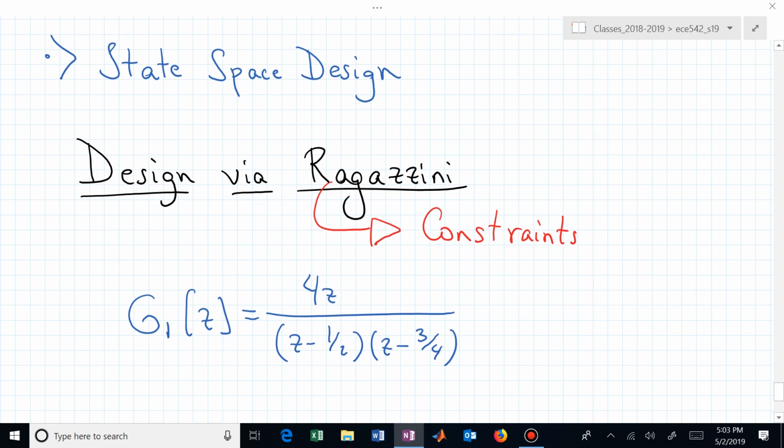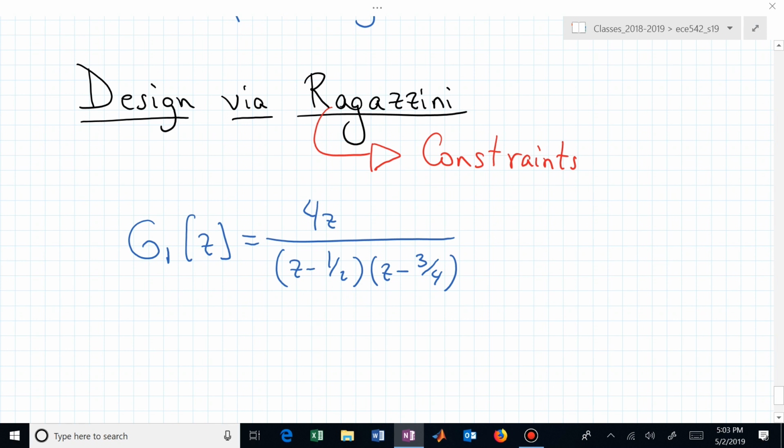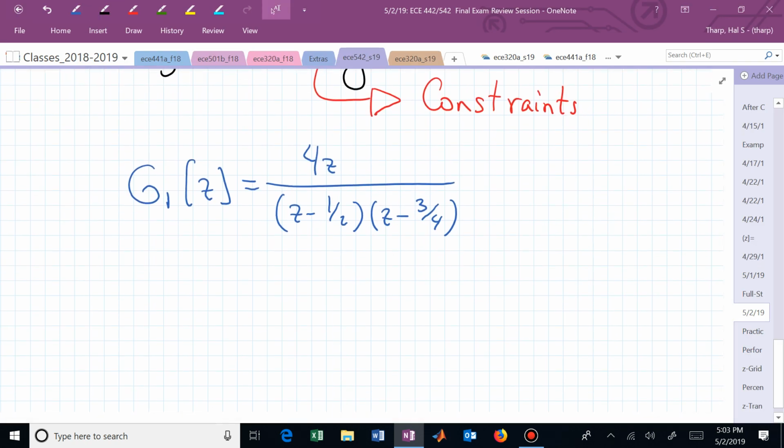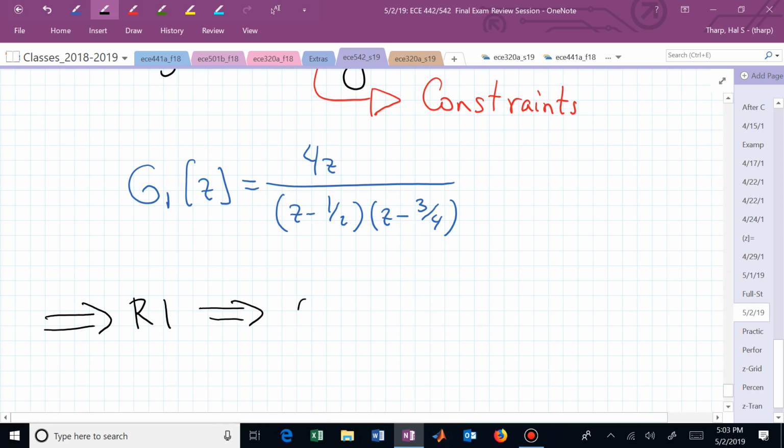With Ragazzini, we have constraints. What constraints are at play for this particular system, for G sub 1? In this case, we have R1, don't we? Restriction 1. Do we need to worry about anything else in building T sub c of z, our desired transfer function?